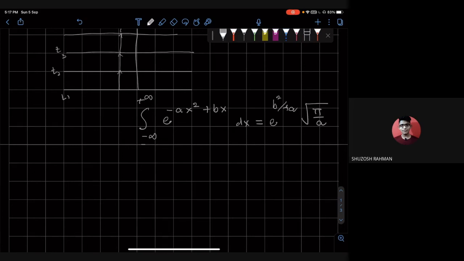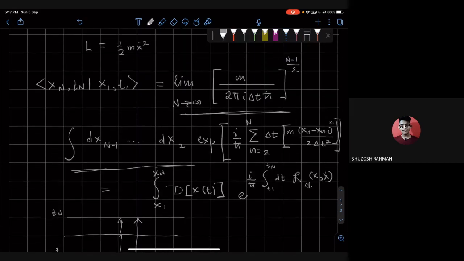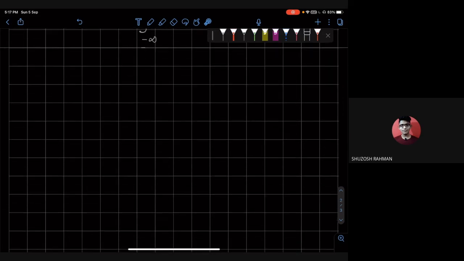In this expression, we have a lot of stuff which are constant: delta t, m, h bar, and so on. Delta t is just a small time interval kept constant for now. So we can absorb all of this into a new variable just to make life easier.